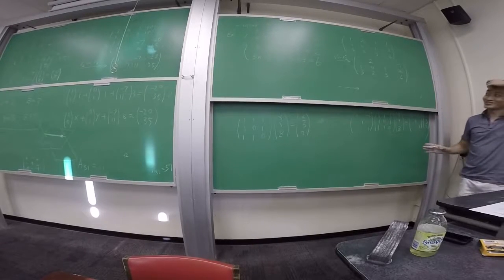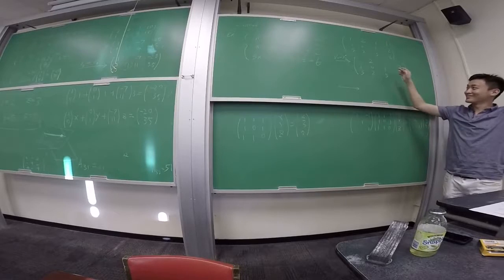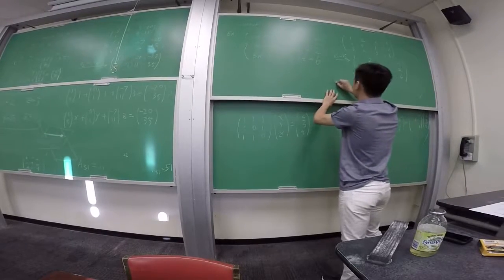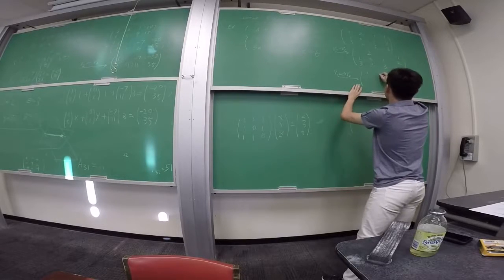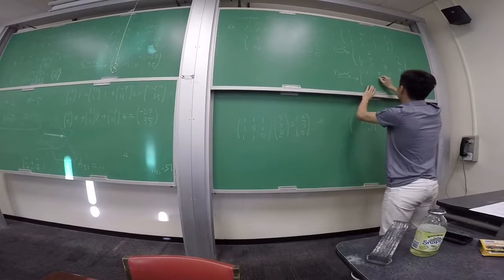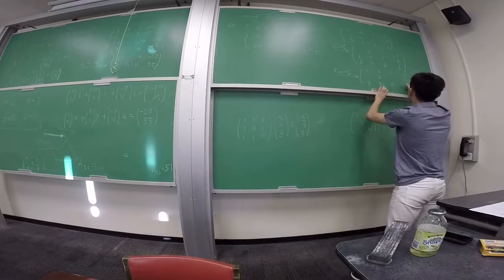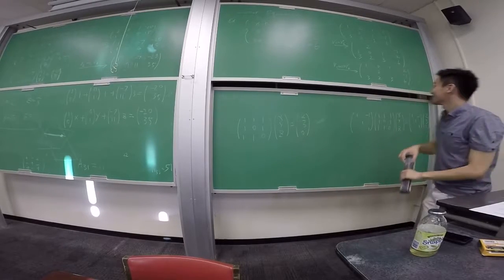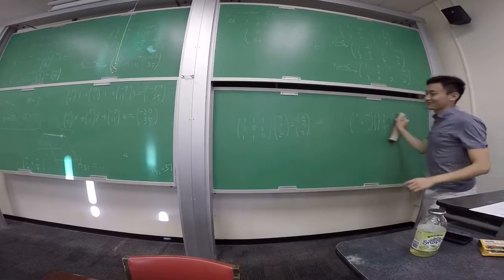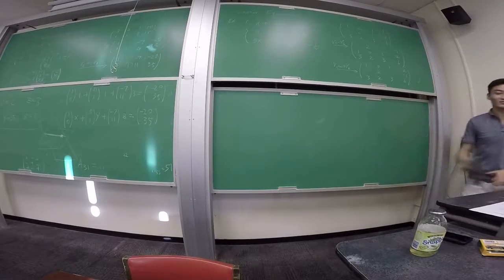Any suggestions? Just switch the first and second. Yeah, you can do that. First row and second row, switch that. You got 1, 0, 1, 2; 0, 2, 0, minus 1; 3, 2, 3, 6. Okay. And then, anyone want to give a suggestion of what the next step is?